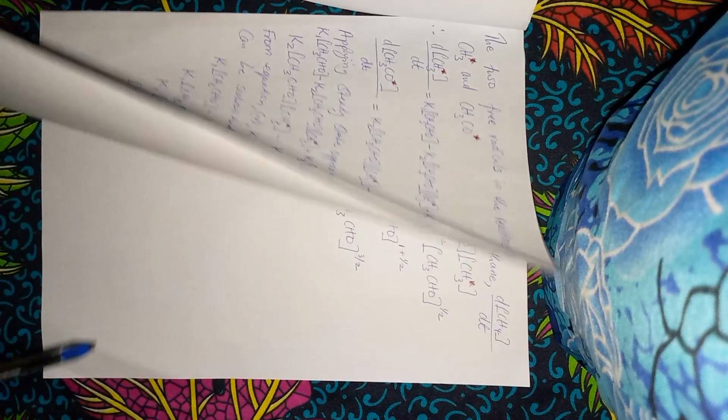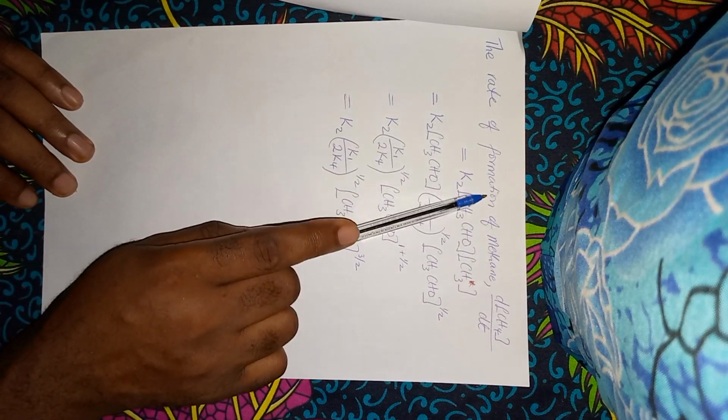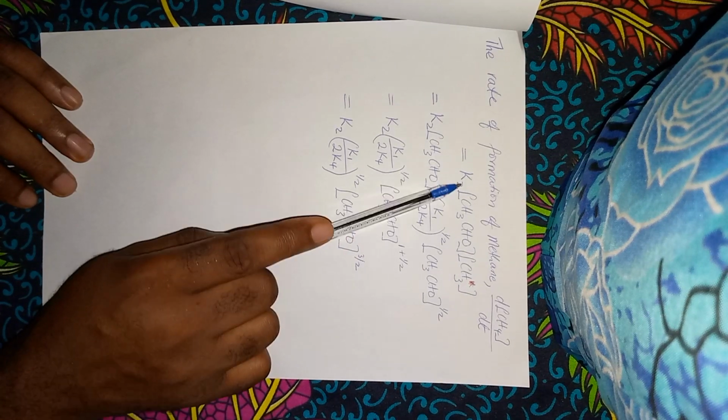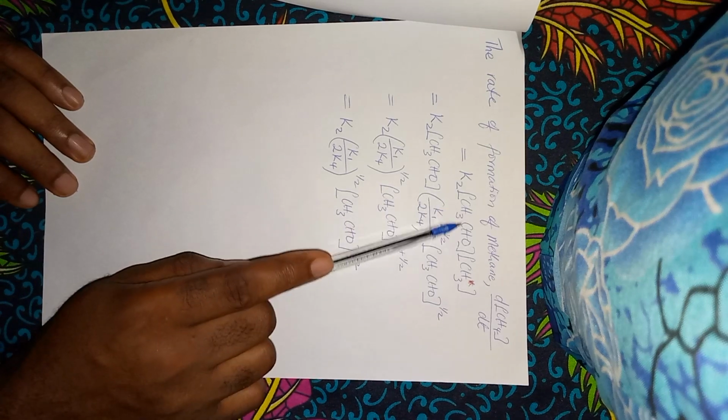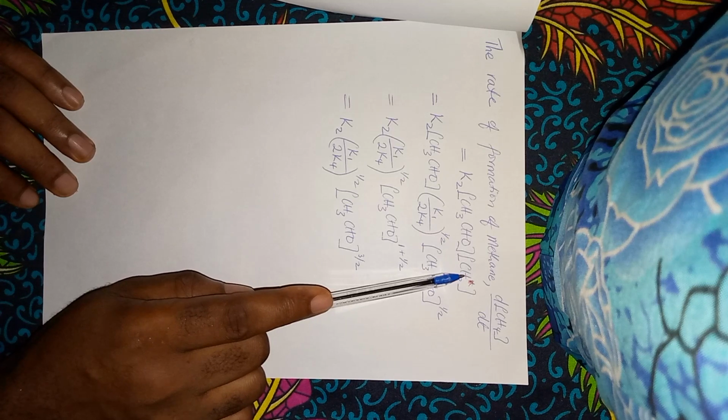From there, we recall that the rate of formation of methane is equal to K2 in bracket CH3CHO in bracket free radical CH3.